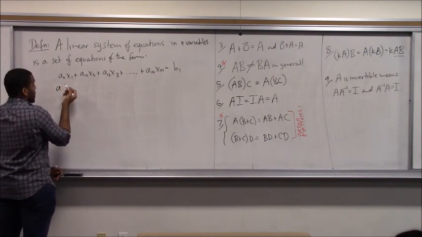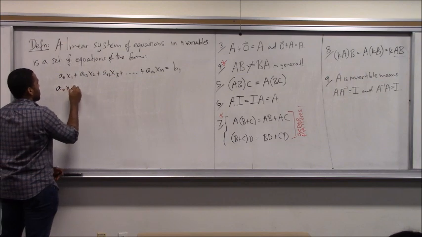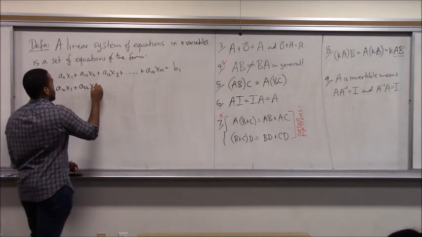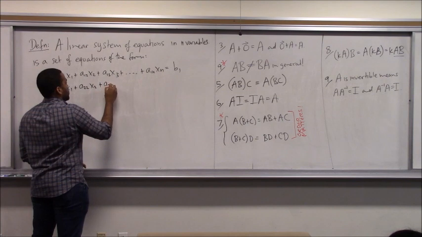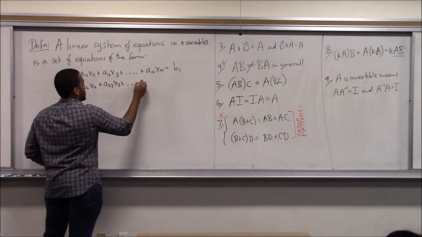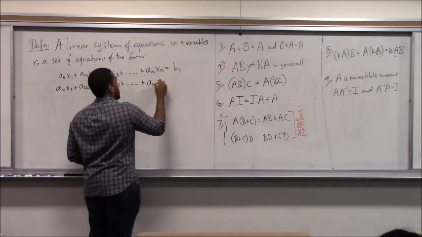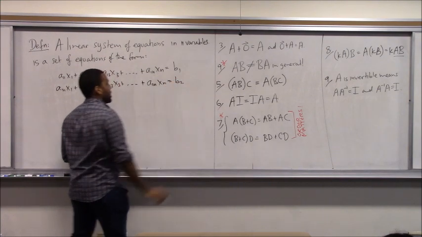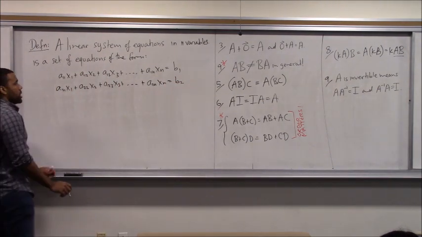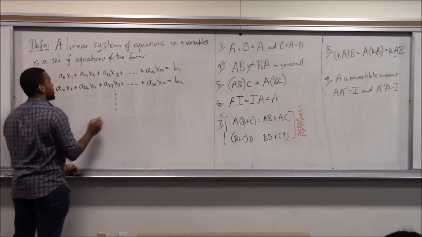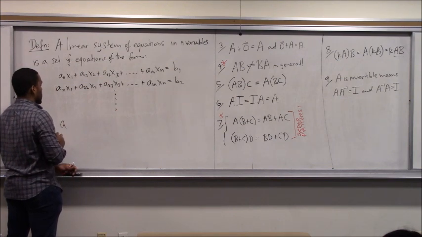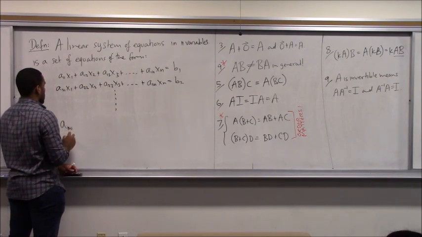And you can have a second row, a21 x1 plus a22 x2, plus a23 x3, plus a2n xn equals b2. So you can have another equation, and you can continue like this until you get to the last line, the last equation.